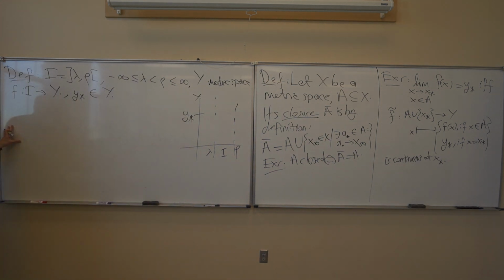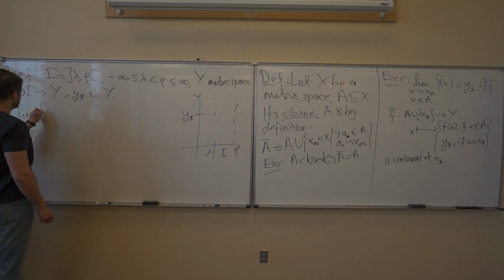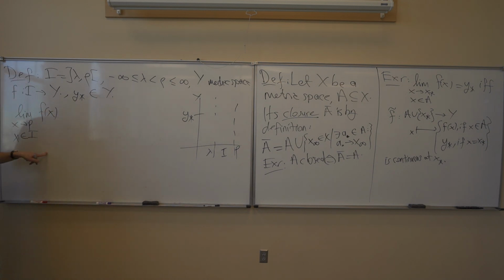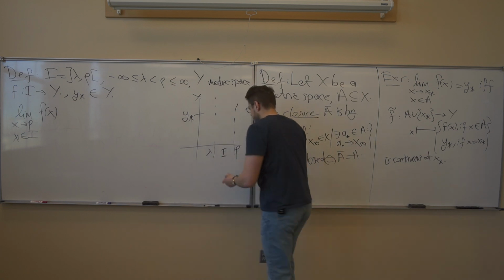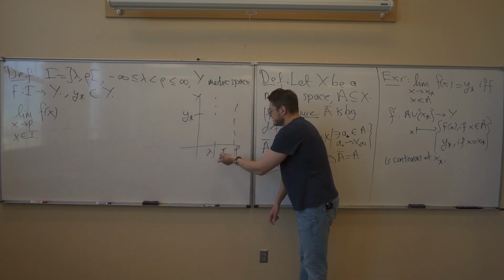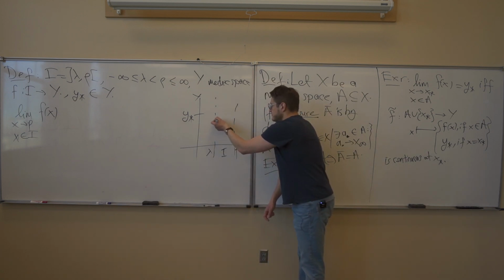Well then, instead of writing, how did we write it? So x goes to, let's say, rho, x in I, f of x. So that means that I have my function here, let's say something like this.